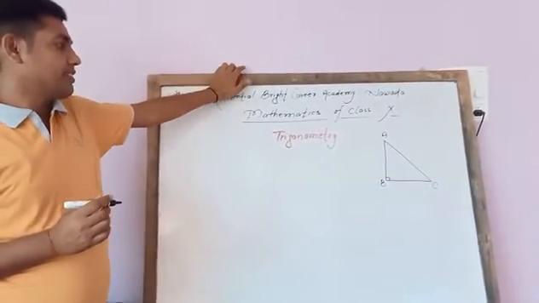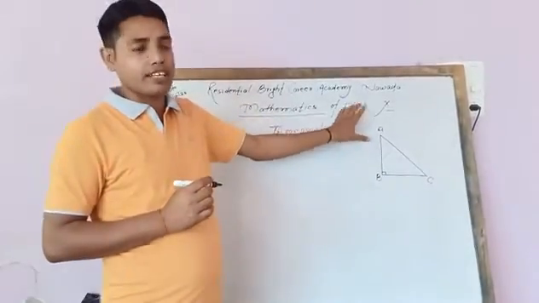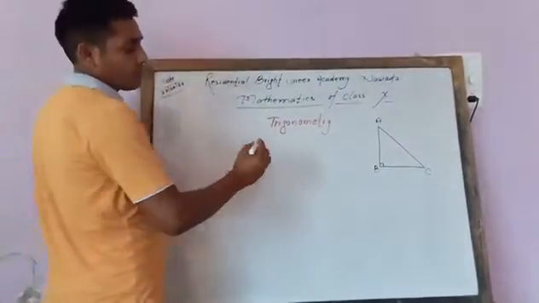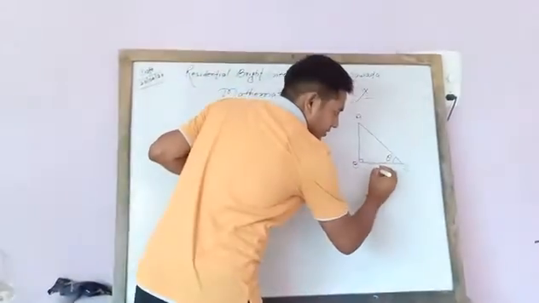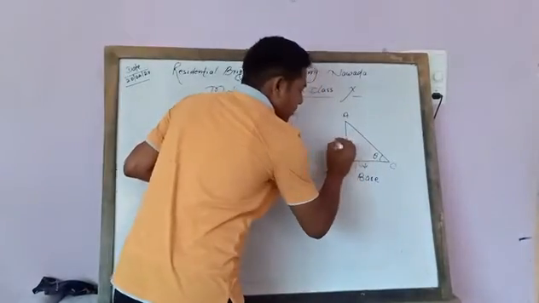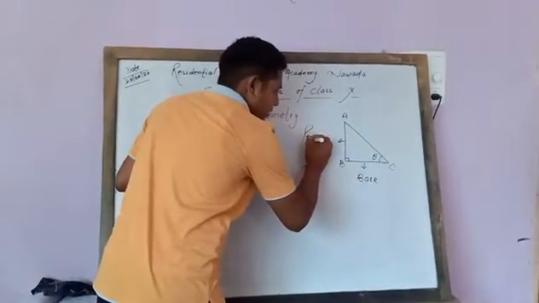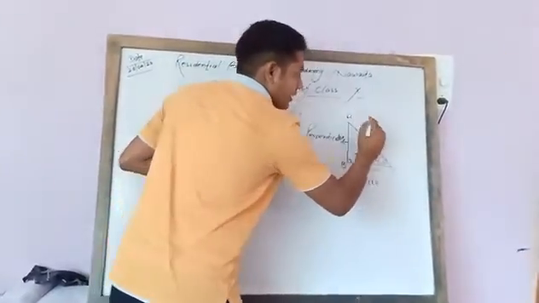We have to study trigonometry of class 10th in mathematics. We learned what is theta, and it is base. It is perpendicular and it is hypotenuse.